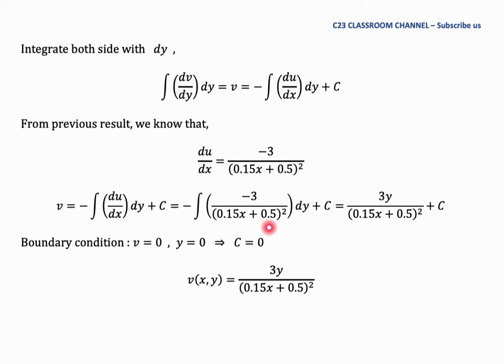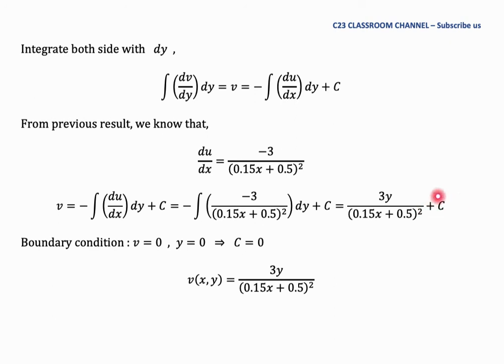The integral of dy gives us y, and the negative becomes positive because we have two negative signs. So v is now equal to 3y over (0.15x plus 0.5) squared plus c, where c is the constant.